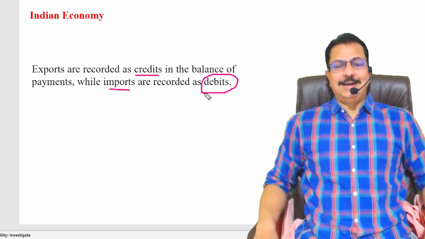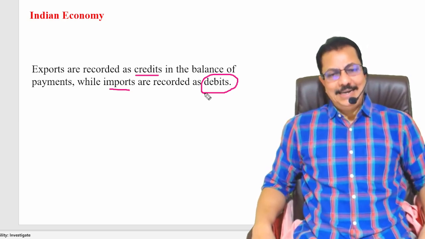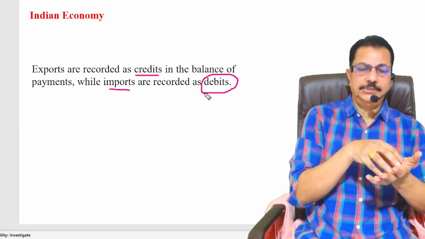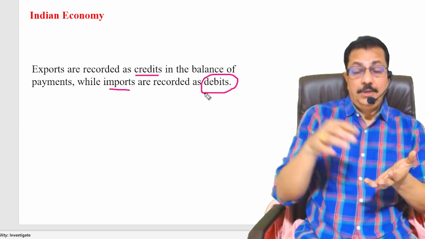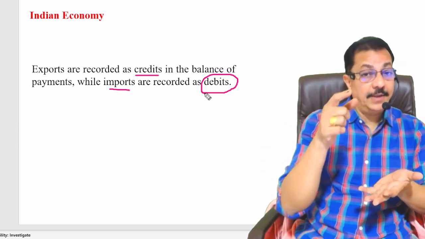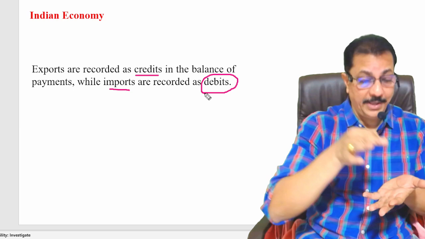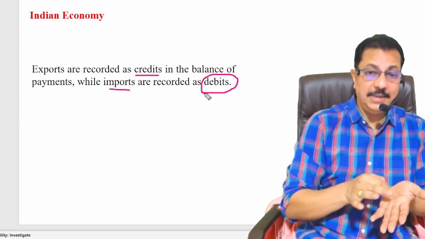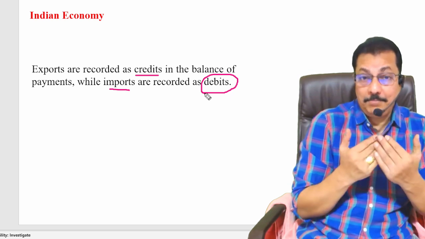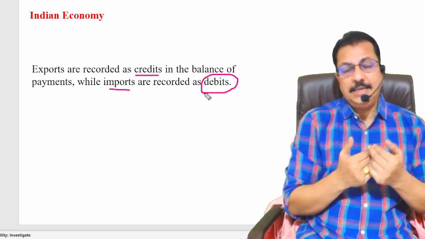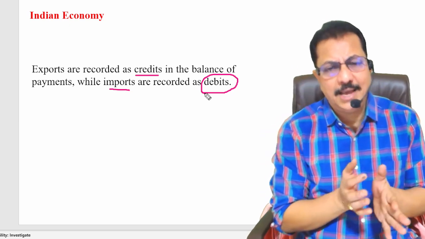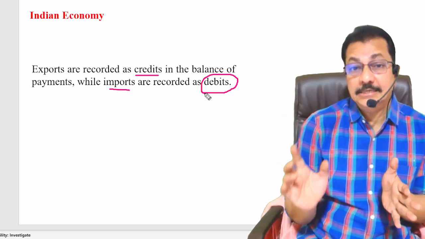When I say credits, we are adding some amount to our account. When I say 25 lakh rupees have been credited to my account, it means whatever money I had, I have added 25 lakh rupees more, I am gaining. But when I say 25 lakh rupees have been debited from my account, it means I am spending. Is that clear?